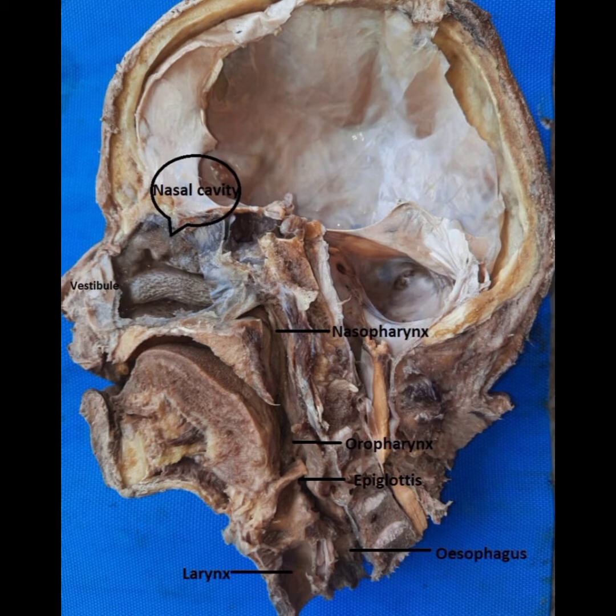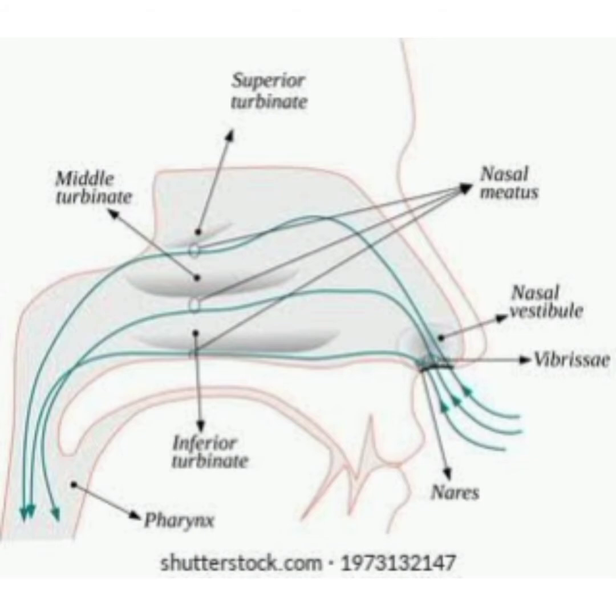So now coming to the structures one by one. The nasal cavities. We have two nasal cavities, right and left. The external dilated portion of the nasal cavity is called the vestibule, and the internal part is called the nasal cavity. A part of the vestibule is covered by skin, and this part is lined by keratinized epithelium.